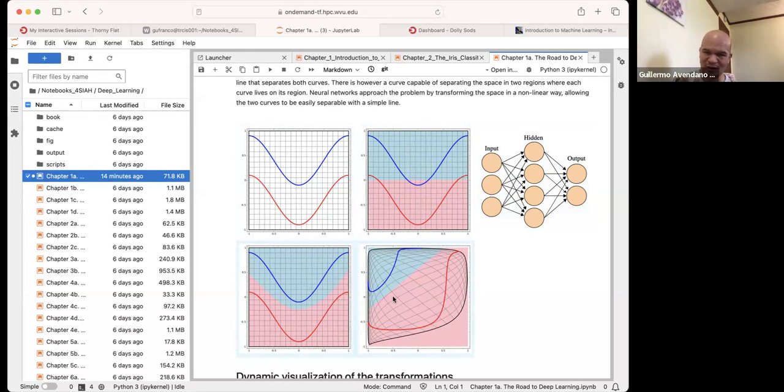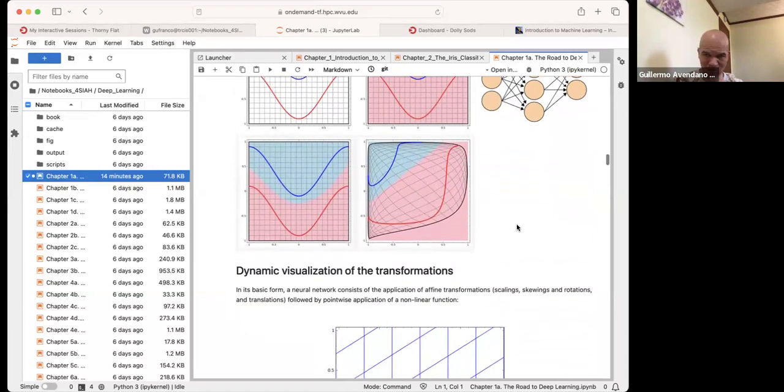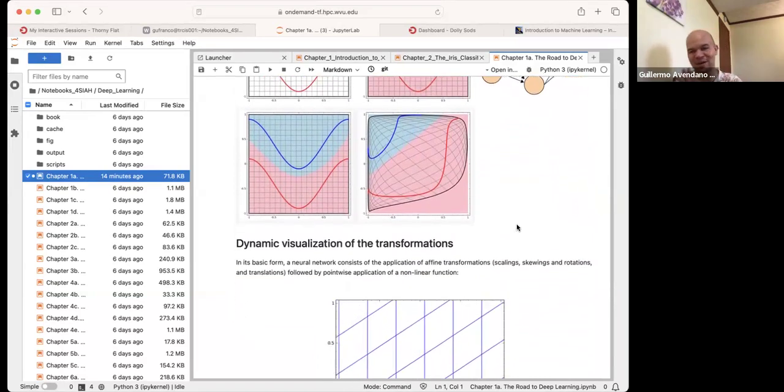If we return that to the original space, you will see it is something like this. It's a curve. It's a curve that, in the twisted space, when you twist with the non-linearity, looks like a straight line. That is the whole thing of neural networks, the importance of the non-linearity plus the linearity.